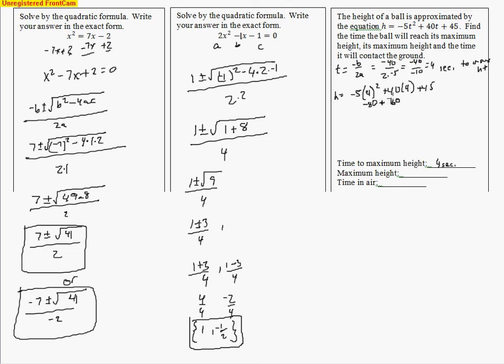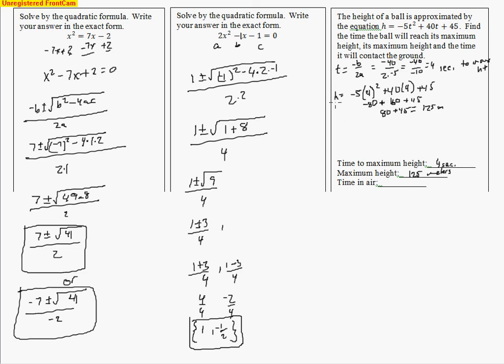And then I end up adding the 45. What I'll notice is that these two terms should be opposite sign, one double the other, and that's what we get here. So this ends up giving me 80 plus 45 adds to 125. And these are meters. There are going to be meters whenever it's -5. -16 would be feet. And so 125 meters.